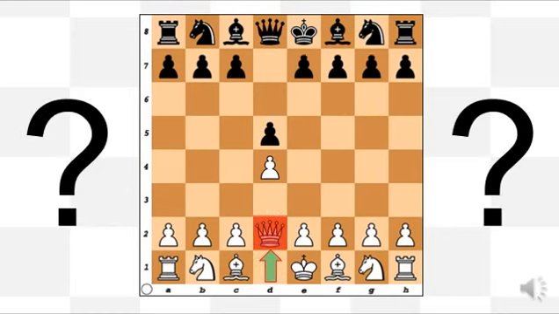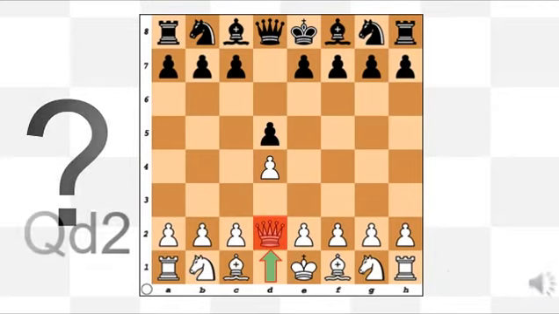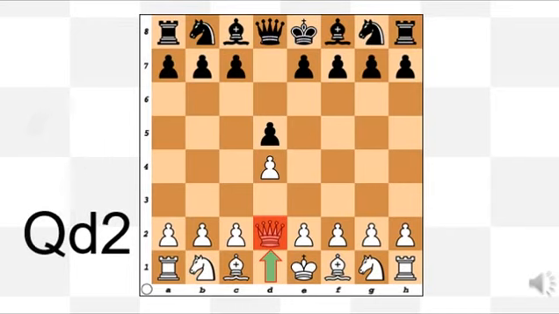How about for this one? The white queen that starts on space D1 is moving to space D2. The correct answer is Qd2.